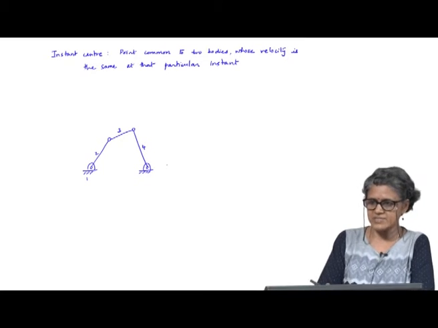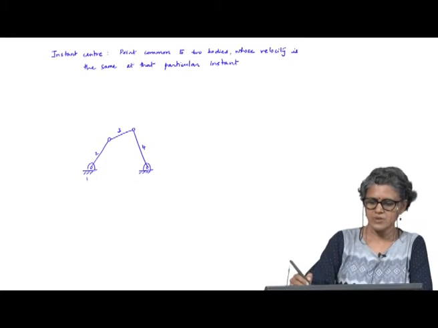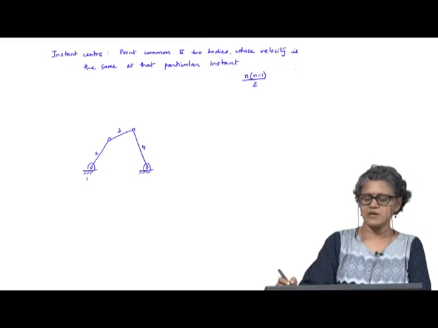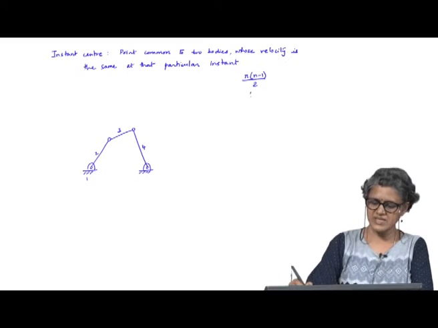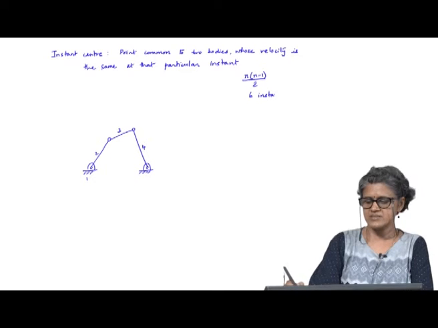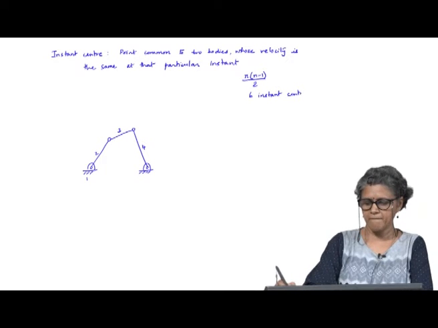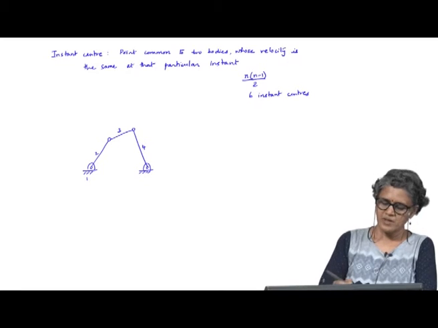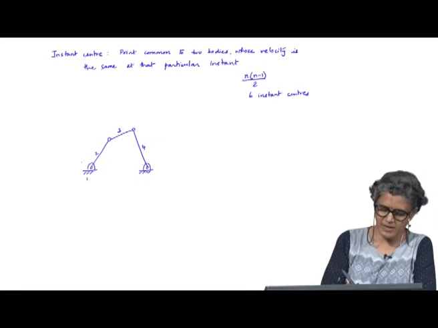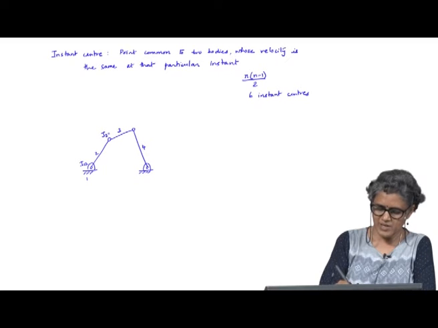The number of instant centers is n into n minus 1 by 2, NC2. So, for a 4 bar you will have 6 instant centers. Okay. So, I have I12, I23.